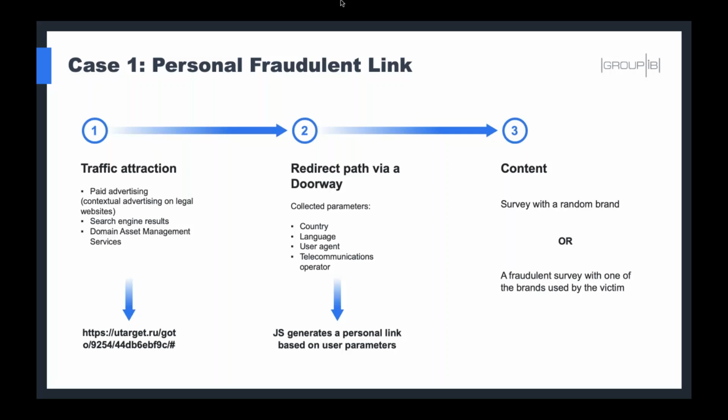There could be any other domain names or portals, but the point is that you are facing a website which you didn't know ever before. After trying to get access to this link, you will be redirected via a redirect path. So you will pass through a chain of links automatically, and the biggest problem at this stage is that your personal data would be collected.